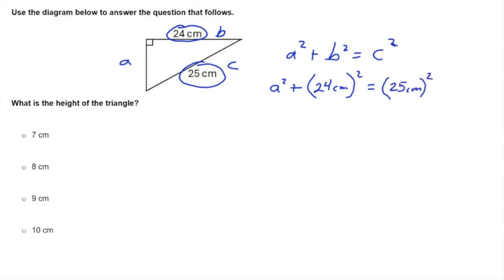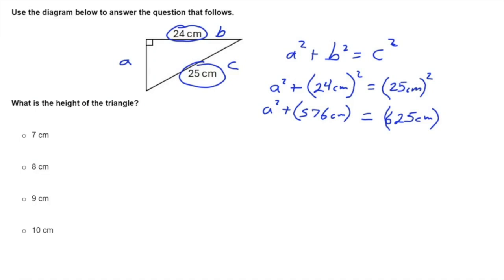So let's start by working out the information that we can. So we still don't know A squared, but we can figure out 24 centimeters squared. That's 576 centimeters squared. And 25 centimeters squared works out to 625 centimeters squared.